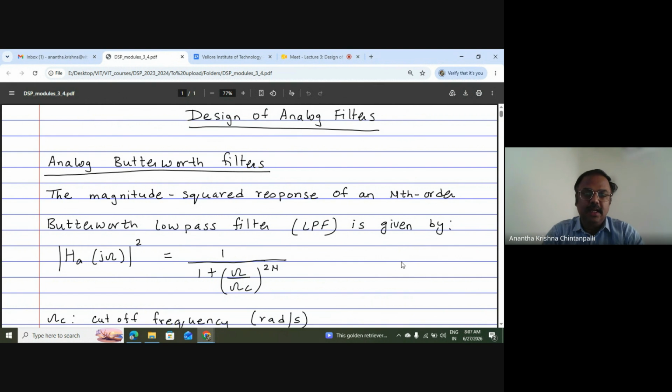So the first analog filter which we are going to discuss is Butterworth filter. The title there is analog Butterworth filters.